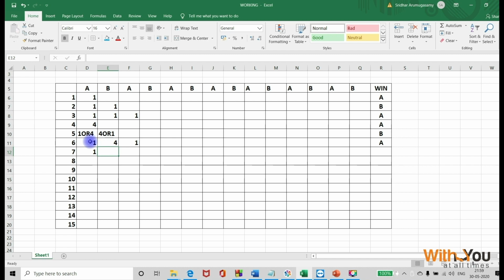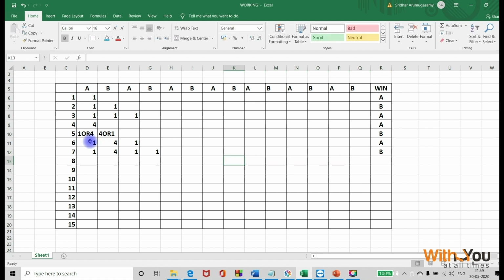Or if I play 4, there will be 2 in front of Alice, so obviously she's got to pick up 1, and I'll pick up 1. So here Bob wins.